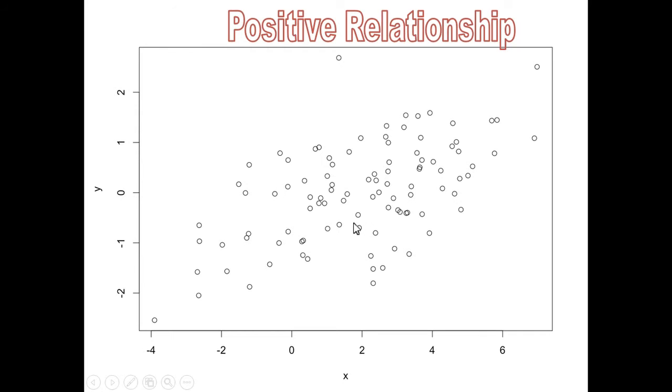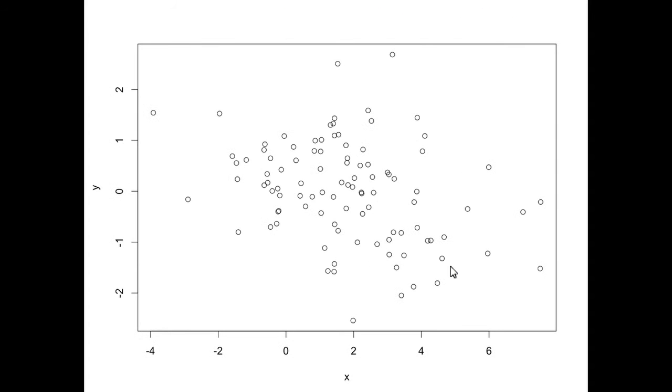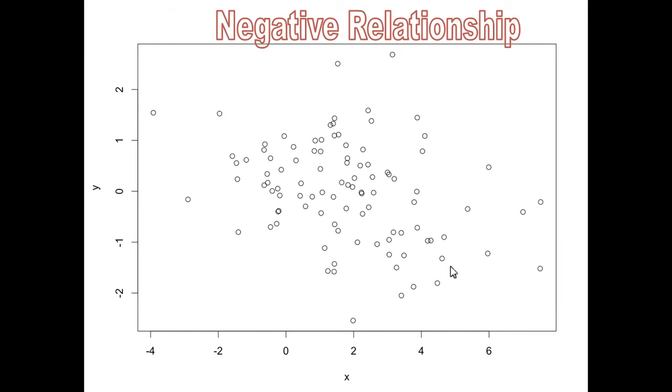As X is going up here, Y is also going up, so it will lean to the right. Left and right are hard. So that is a positive relationship between variables. And a negative relationship is when one variable goes up, the other one goes down. This should not be new to any of you.